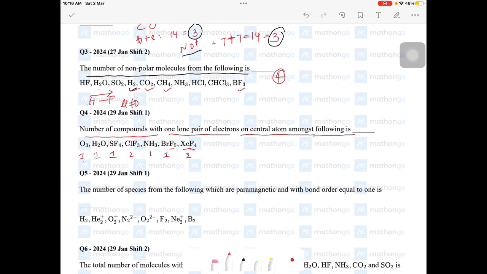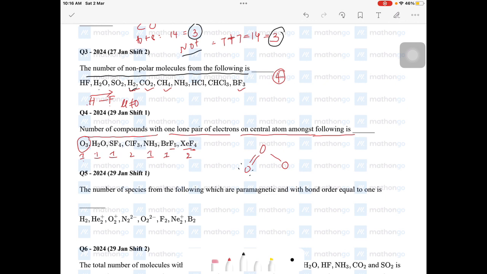the number of compounds with one lone pair of electrons on the central atom. How is ozone 1? Take the structural formula: O double bond O single bond O. Each oxygen has 6 electrons in its valence shell, so 2 are involved in bond formation, remaining 4 non-bonding electrons.